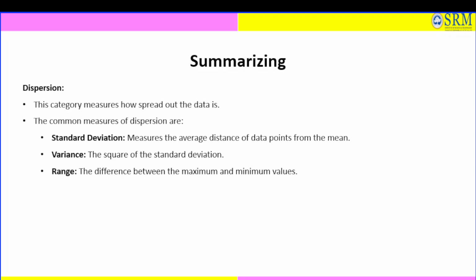Standard deviation measures the spread of data around the mean, and a higher standard deviation means greater variability. Then comes the variance, which is the square of the standard deviation, and it is often used in statistical calculations. The last one is the range. We all know that the difference between the maximum and the minimum value in a data set is called the range.